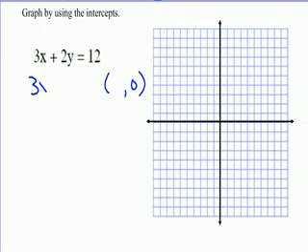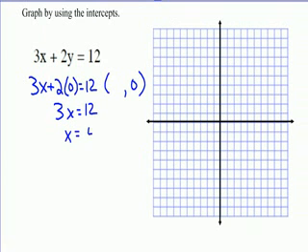And when I do that, well, 3 times x plus 2 times, in this case, 0. The nice thing is the 2 times 0 is just 0. We solve very quickly here. X has to be 4. So there's our x-intercept. So I go to (4, 0). Remember, for our x-intercept, we're not going up or down at all, so that's why our y is 0.